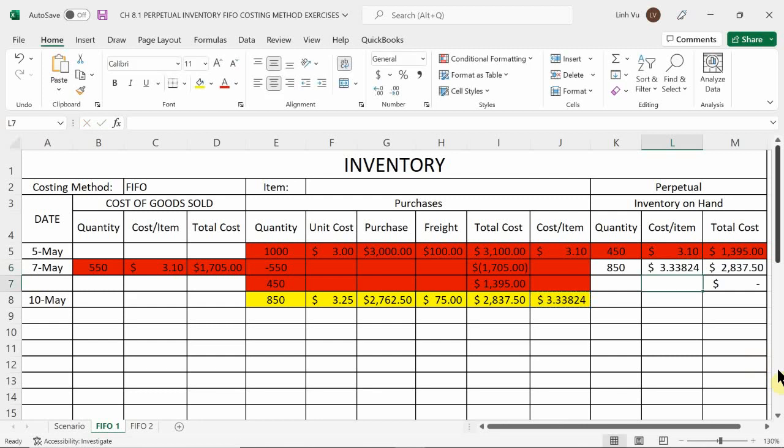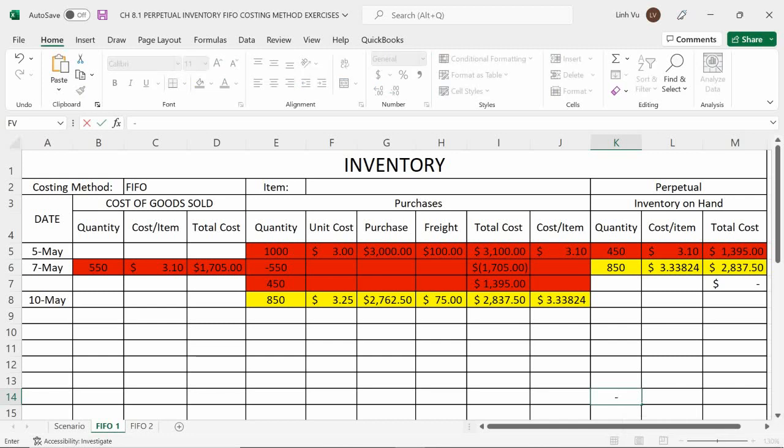So it's going to give me a total of $2,837.50. Okay? And I'm going to highlight this as yellow.